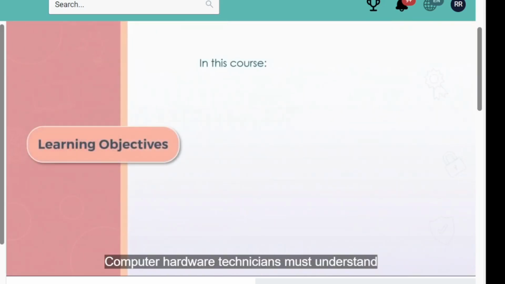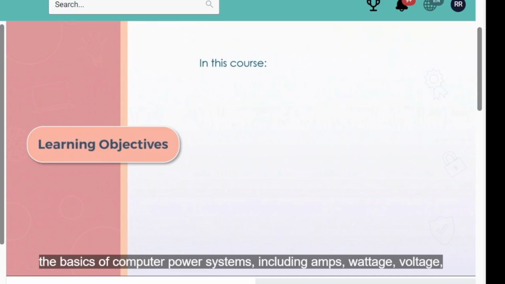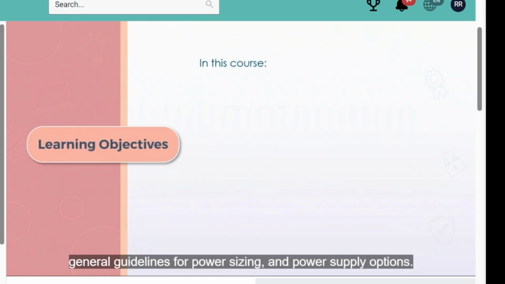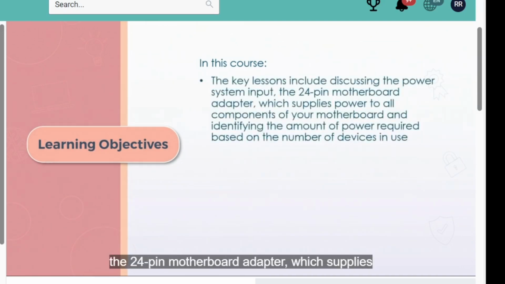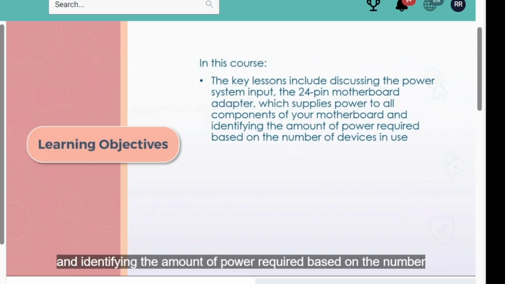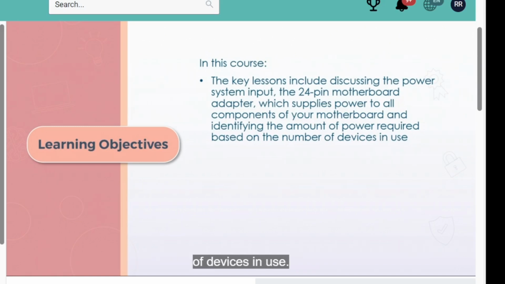Computer hardware technicians must understand the basics of computer power systems, including amps, wattage, voltage, general guidelines for power sizing, and power supply options. The key lessons in this course include discussing the power system input, the 24-pin motherboard adapter which supplies power to all components of your motherboard, and identifying the amount of power required based on the number of devices in use.